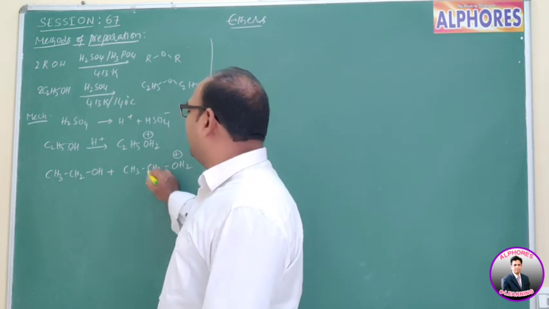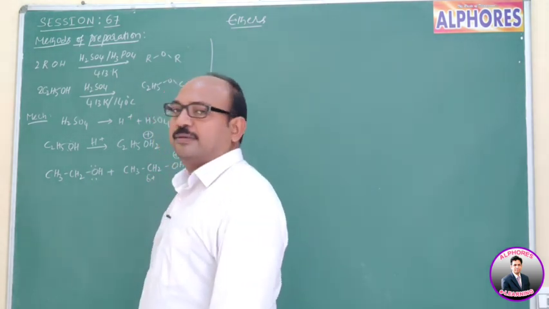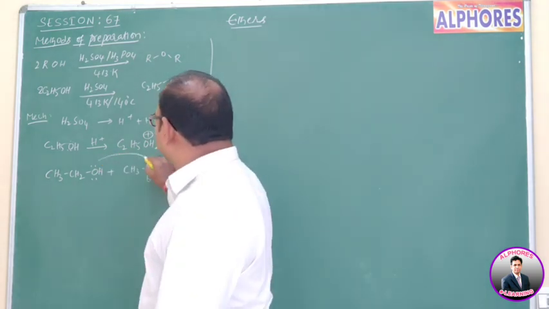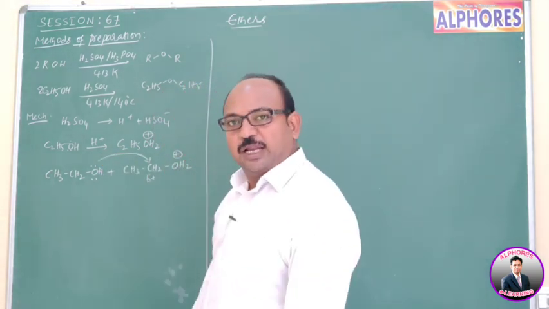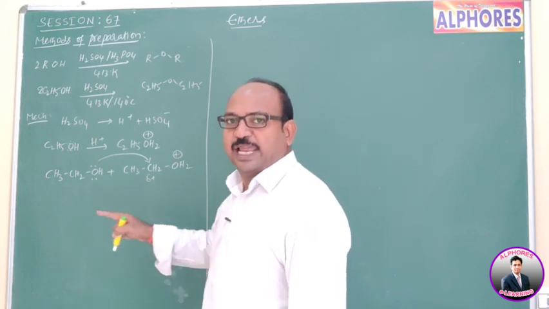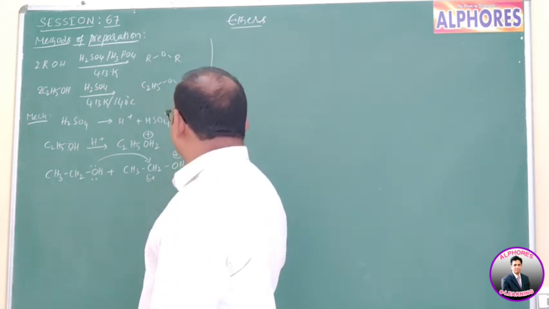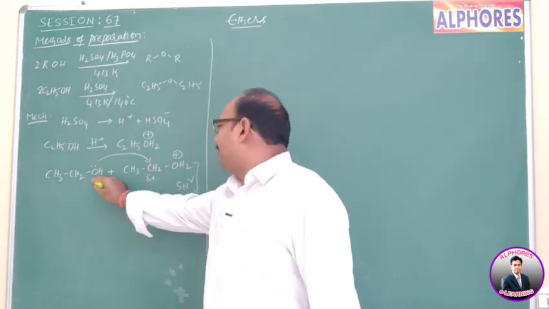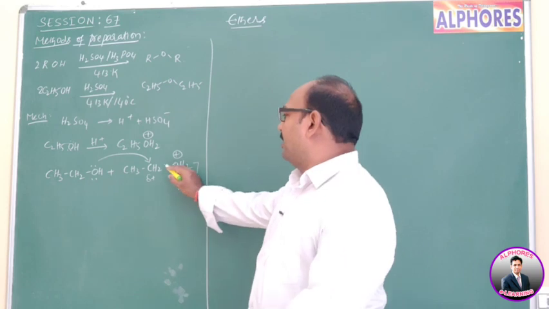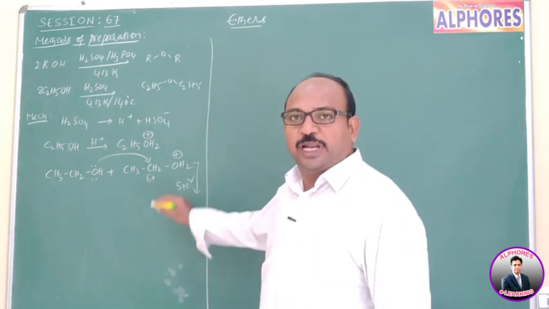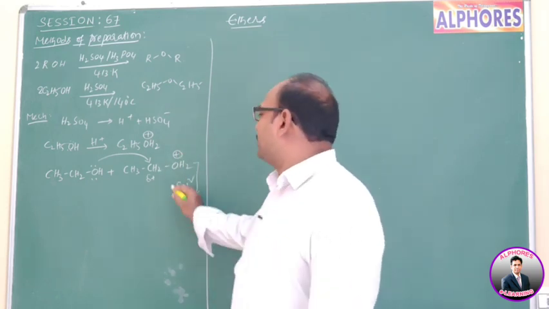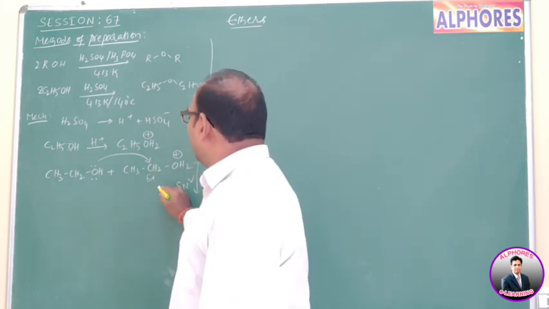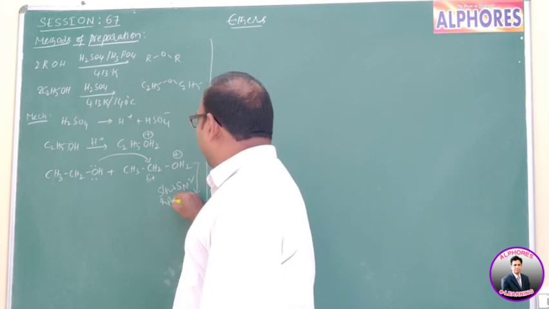Upon this partially positively charged carbon, this oxygen attacks with its electron pair. That means it is very clear this reaction is an SN2 reaction, and moreover this attack of alcohol upon another protonated molecule of alcohol is nothing but the slow step and also the rate-determining step.